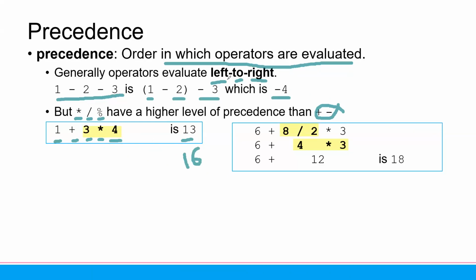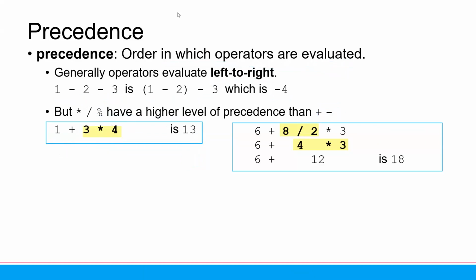If we start from left to right, 1 plus 3 would be first, and then 4 multiplied by 4 is 16. However, in programming languages, multiply, division, and modulus have a higher precedence, so this one is the priority. This will be first, and then the remaining goes left to right.